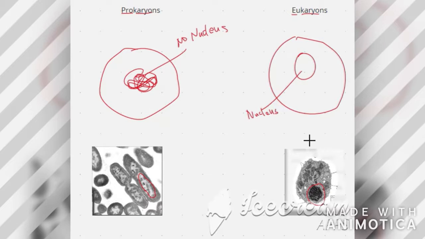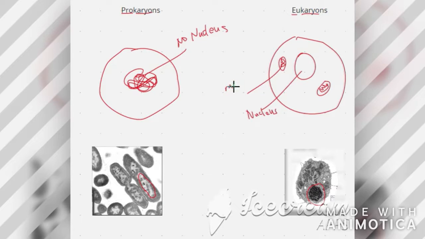The other thing is the presence of the mitochondria. The mitochondria are membranous structures that are responsible for the synthesis or conversion of energy, and they are not present inside prokaryotic cells. Basically, prokaryotic cells are devoid of any membrane-bound organelles.